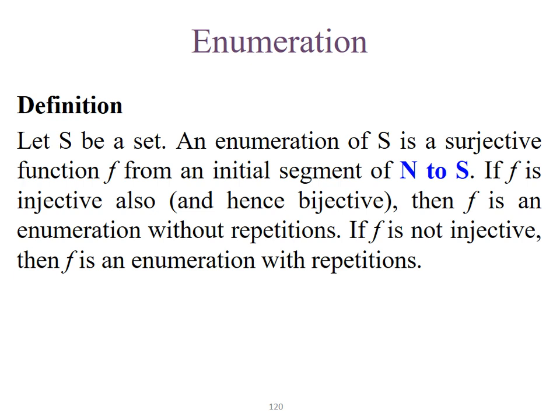For example, if you have 4 elements, then you need a certain function that maps the segment of n to x. If the function is also injective, then it is an enumeration without repetition. If it is not an injection, then we have repeating patterns in this enumeration.